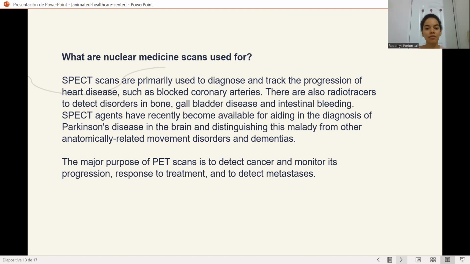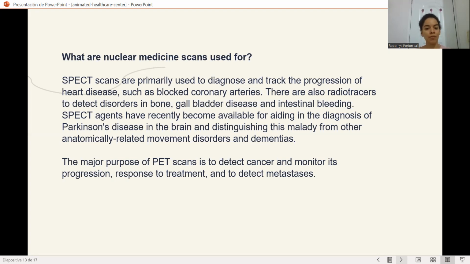SPECT agents have recently become available for aiding in the diagnosis of Parkinson's disease in the brain and distinguishing this malady from other anatomically related movement disorders and dementias.